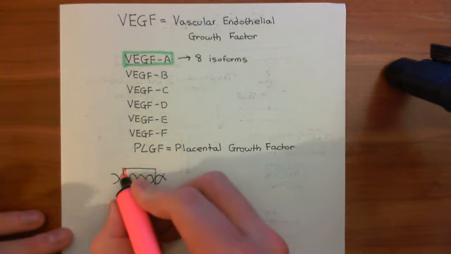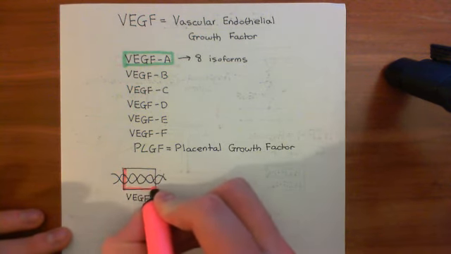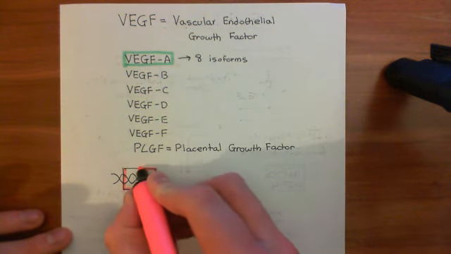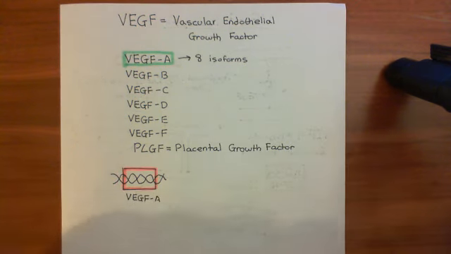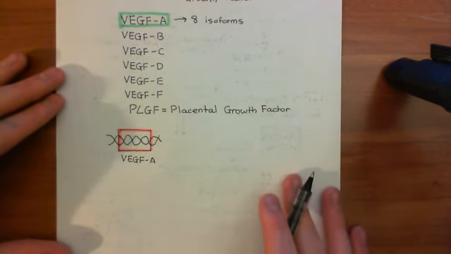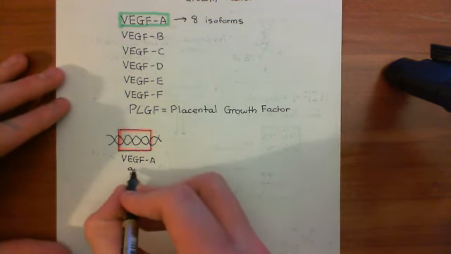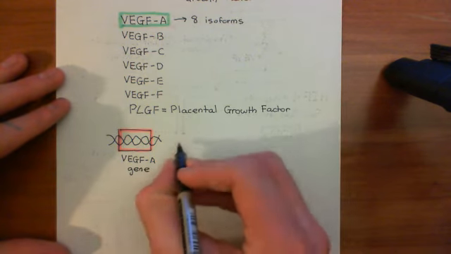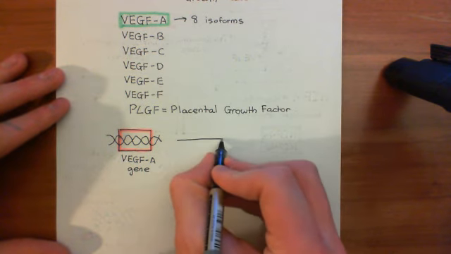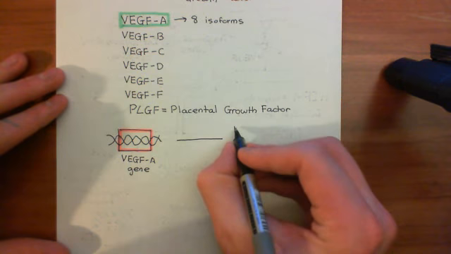It will transcribe the coding strand of the VEGF-A gene, and it will produce a piece of mRNA which is complementary to the coding strand of the VEGF-A gene. Okay? And this initial piece of mRNA it produces is what's known as the primary transcript.